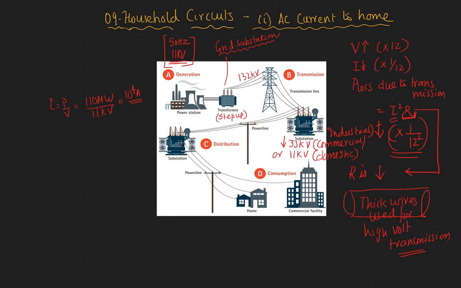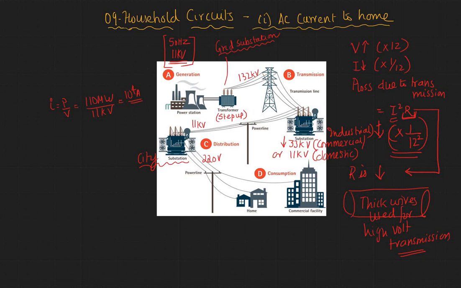So once we do that, we pass this 11 kilovolt to another substation, and this substation is what we call a city substation. So this is what you find outside your home. Here your 11 kilovolt is further brought down to 220 volts, and finally it reaches your home.